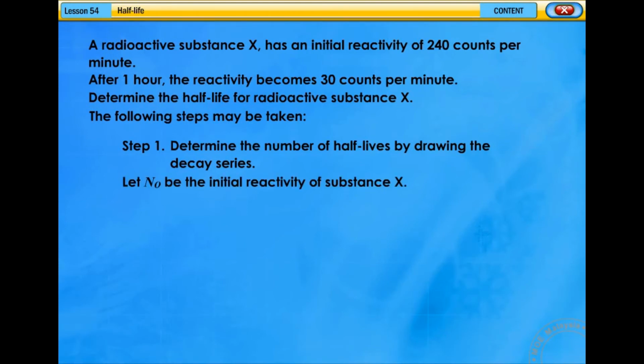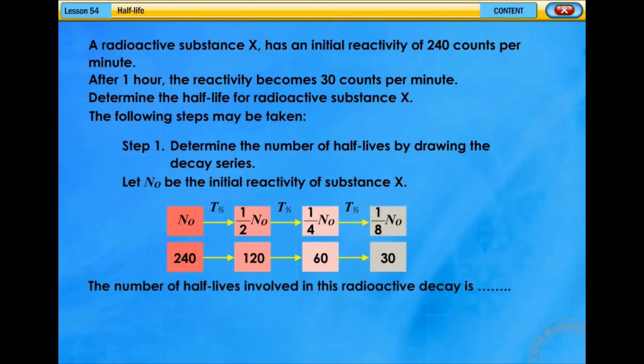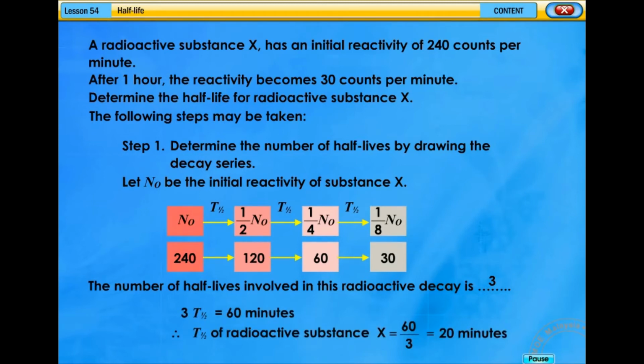Let N0 be the initial reactivity of substance X. The number of half-lives involved in this radioactive decay is 3. Since 3 half-lives is equivalent to 60 minutes, therefore the half-life of radioactive substance X is 20 minutes.